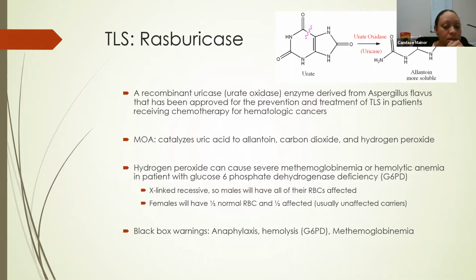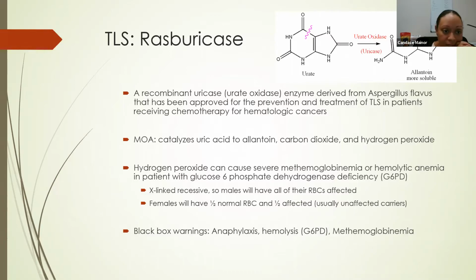So this G6PD is X-linked recessive. And so males will have all of their red blood cells affected. For females, because it's X-linked recessive, they would have half normal RBCs and half would be unaffected. Usually, women are unaffected carriers of G6PD.